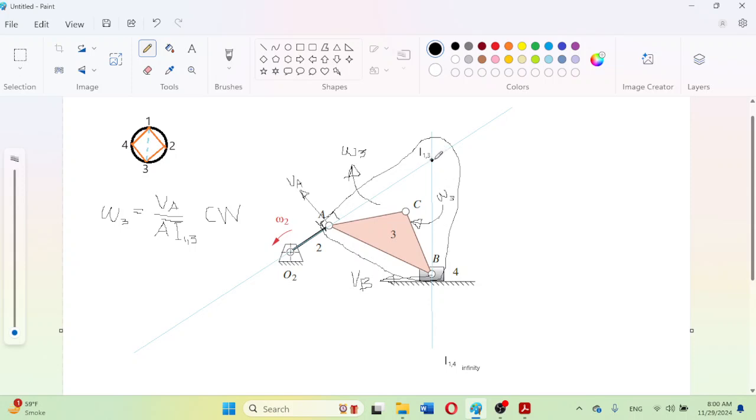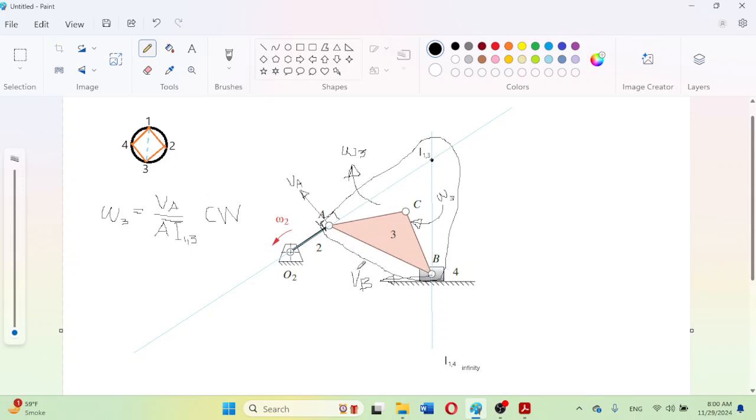We will measure this distance, the distance from pin B up to the instant center I1,3, with a linear scale, convert it according to scale, and multiply it with omega 3, which was calculated here.